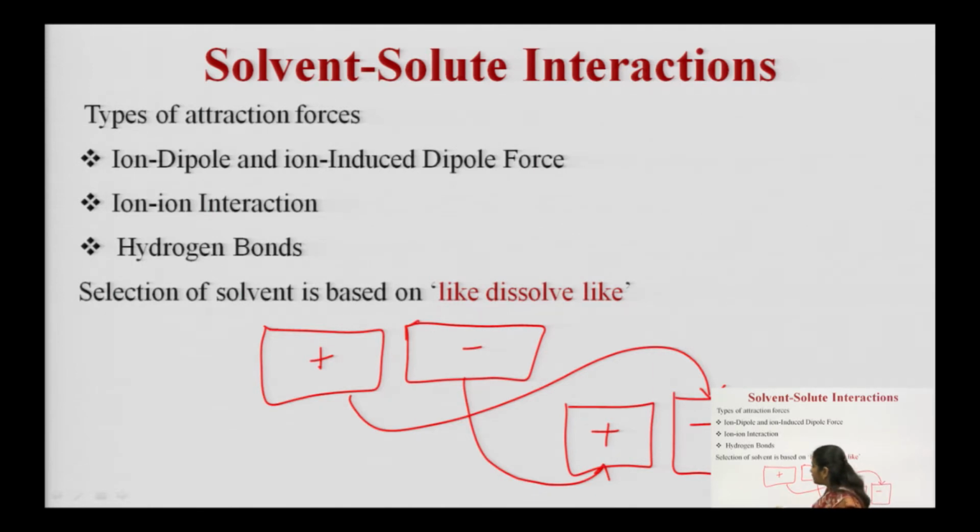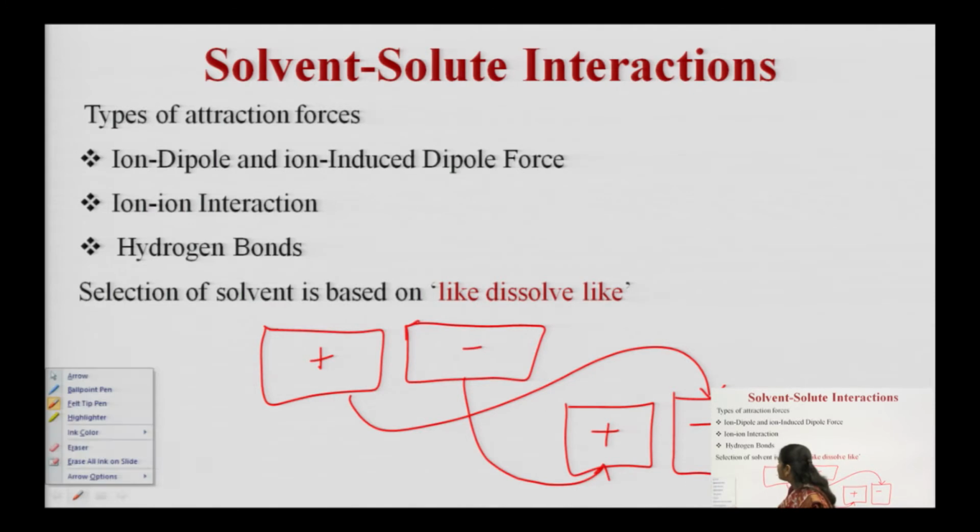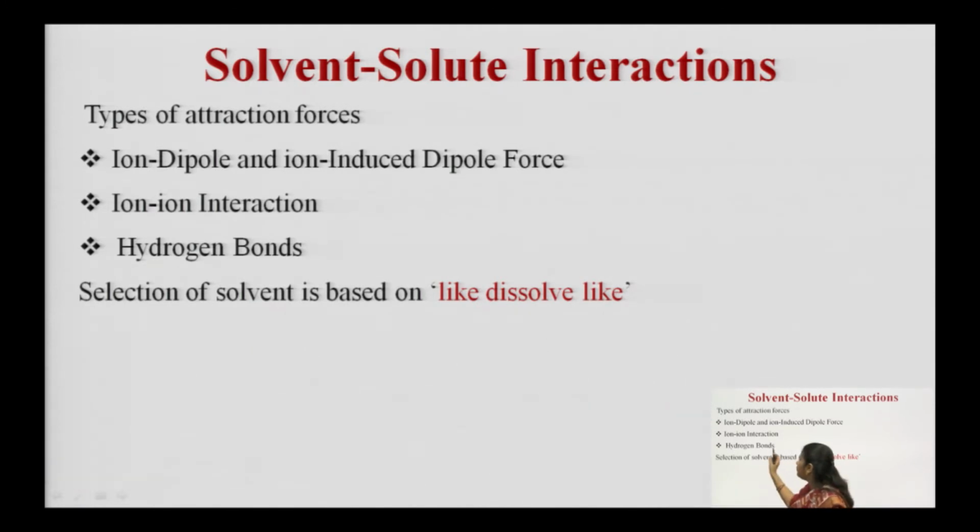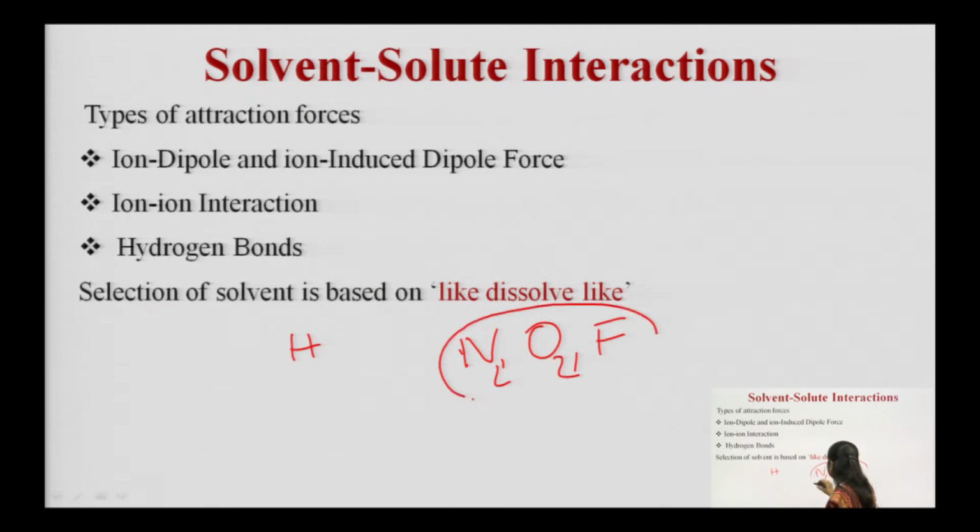And then comes hydrogen bonds. These occur when a hydrogen atom is present along with electronegative atoms like nitrogen, oxygen and fluorine.